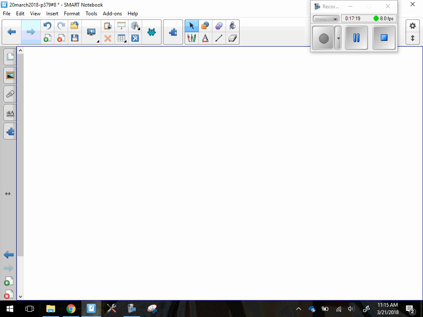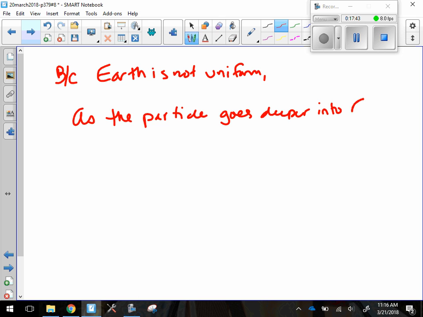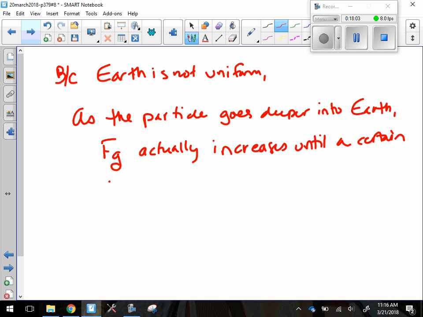So because the Earth is not uniform, as the particle goes deeper into the Earth, F gravity actually increases until a certain depth, and then decreases as the particle continues to fall.